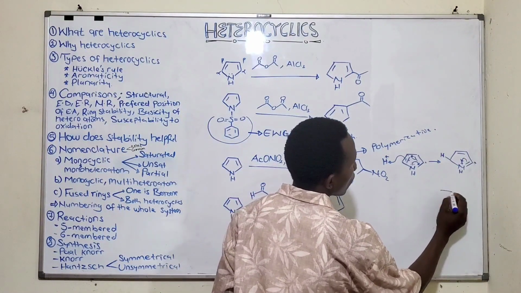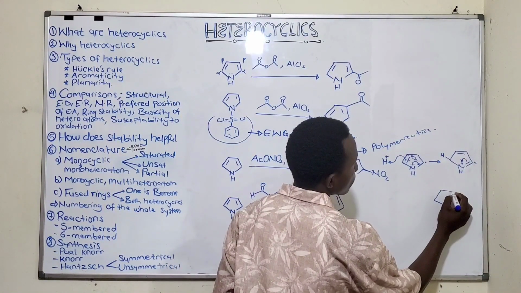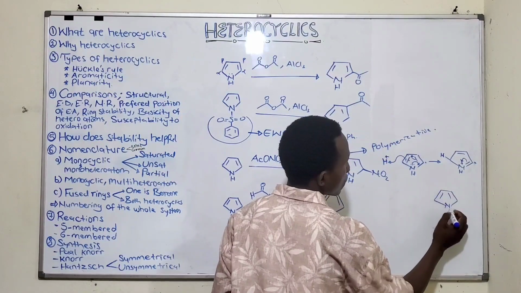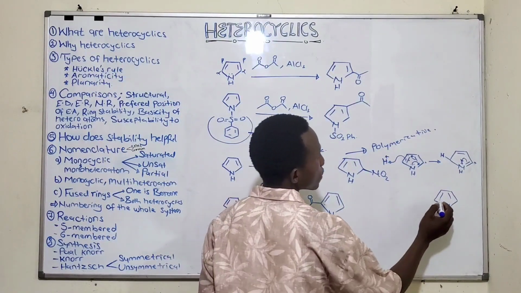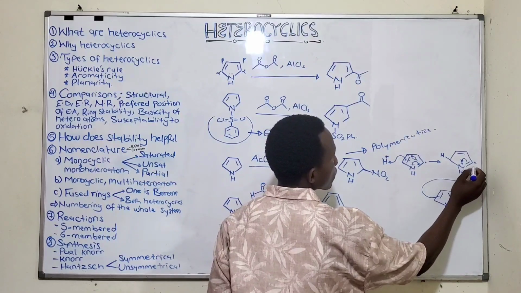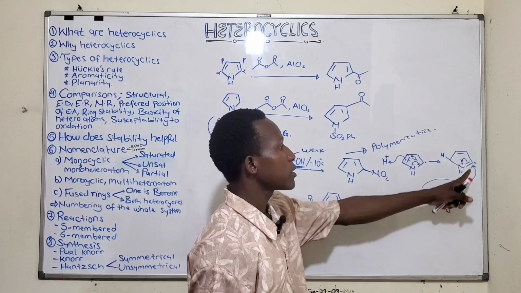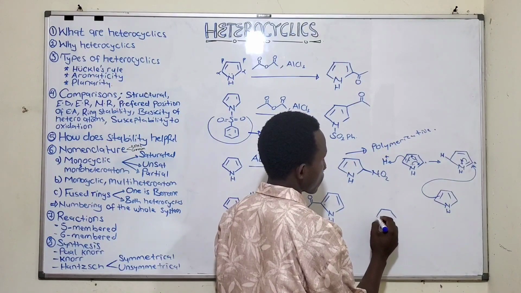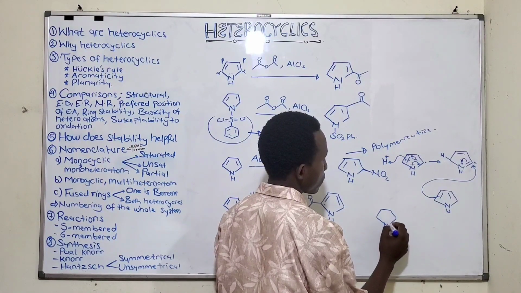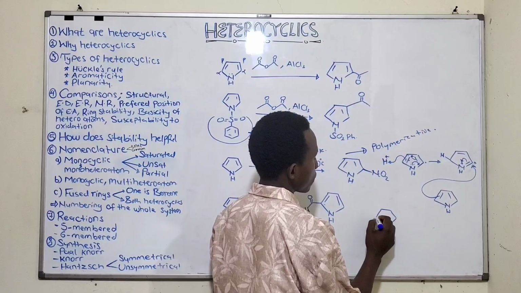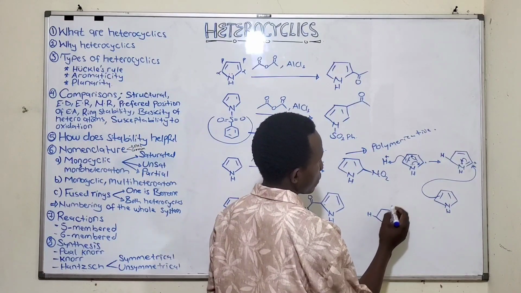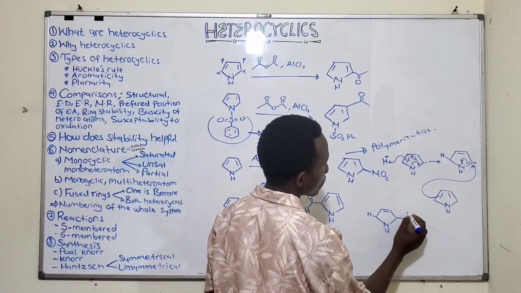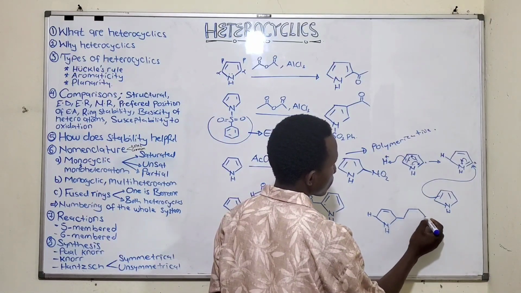So another pyrrole structure will come. So this will be acting as an electrophile. So we shall form this. Then we have this. Now here we form this.